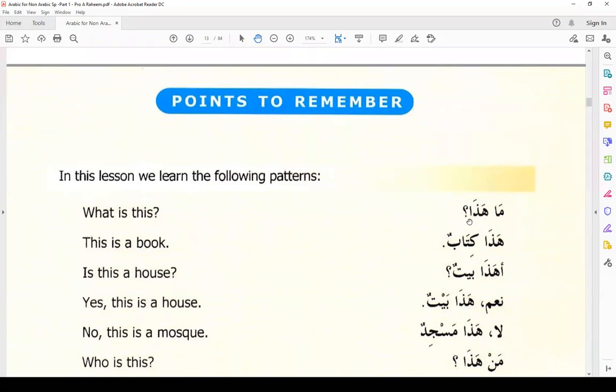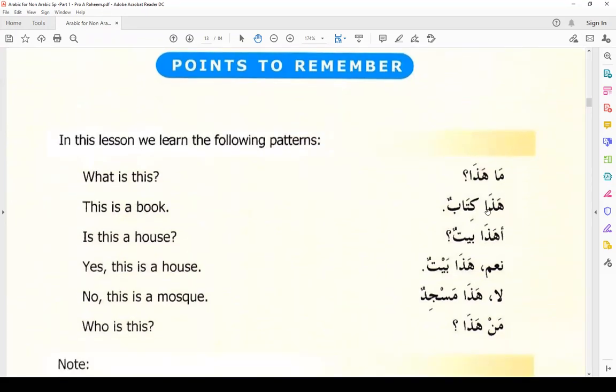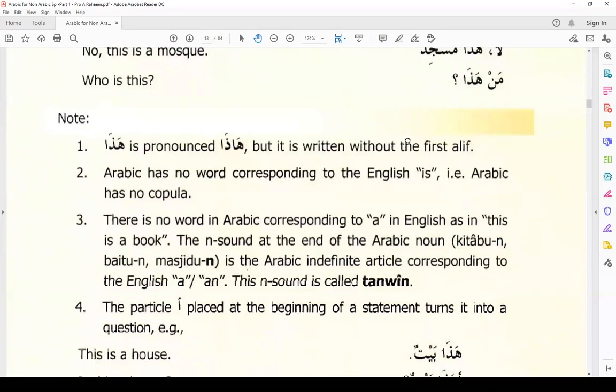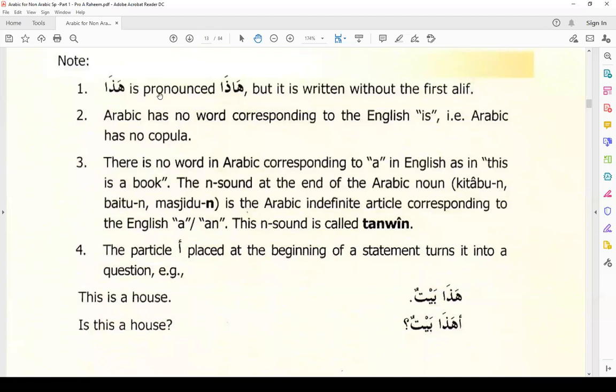We use ma hadha. This is the book. Hadha kitabun. This is the book. Ahadha baitun? Is this a house? So we ask for that purpose. We have the word na'am, which means yes, and la, which means no. Continuing, some points to note. We have hadha, and you see this is pronounced hadha, as we lengthen it.